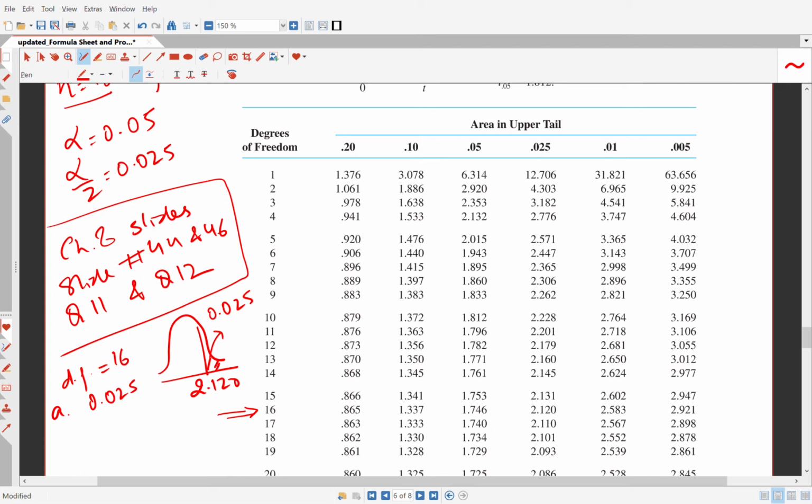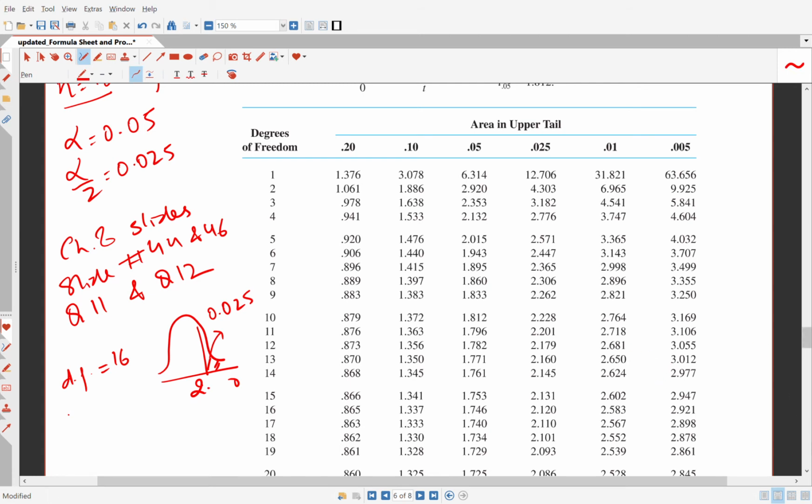Okay, so let's go to part B now. In order to create some space, let me just erase this. Okay, that's fine.